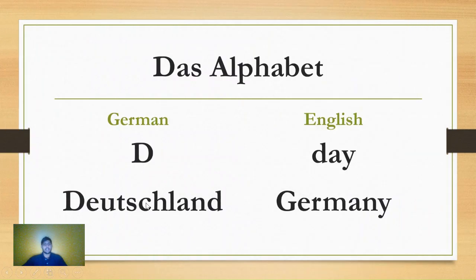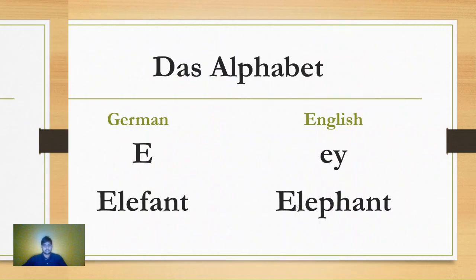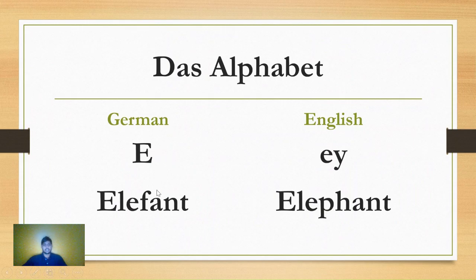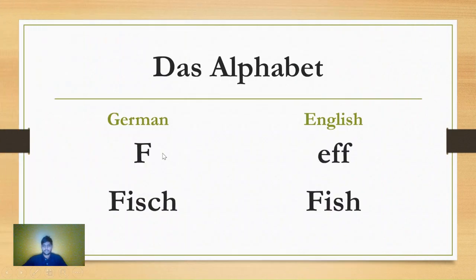De, Deutschland, it is the name of Germany in German. A, elephant, it means elephant in English. F, fish, this word is the same as we call it in English, fish. In German we also call it fish.